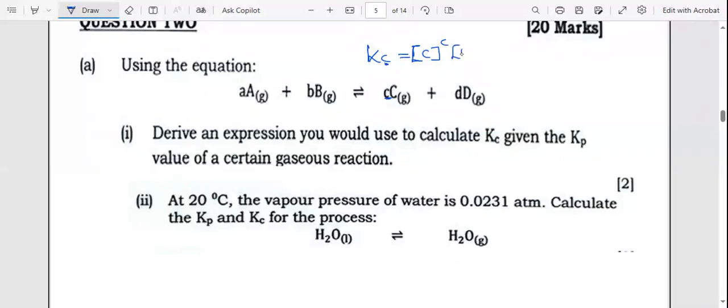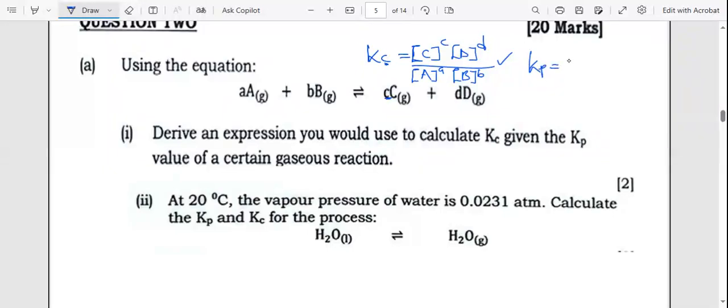Then also D, to the power D, over A to the power A, then again B to the power B, like that. So that is the Kc, the concentration equilibrium constant.